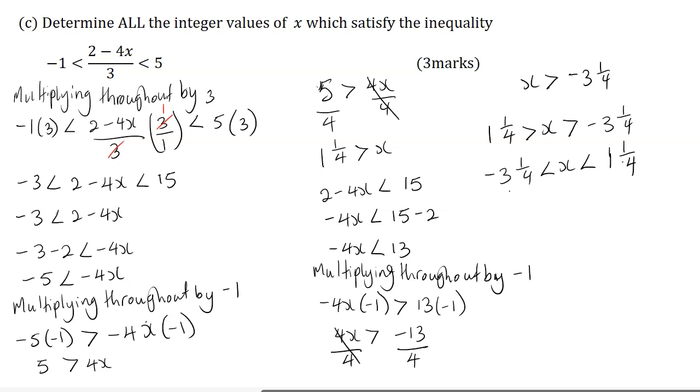So here it's in ascending order, here it's in descending order. So they both are correct, just different ways of expressing it. So the integer values of x are minus 3, minus 2, minus 1, 0, and 1.